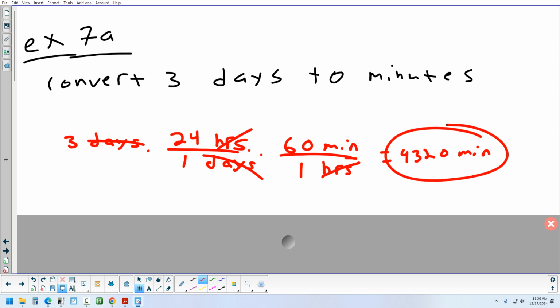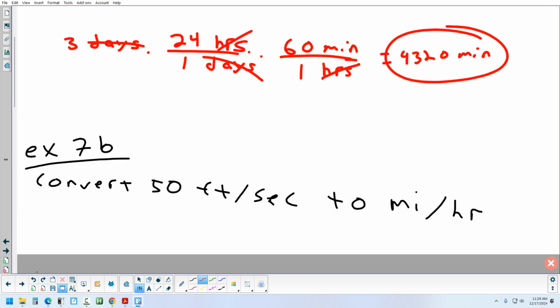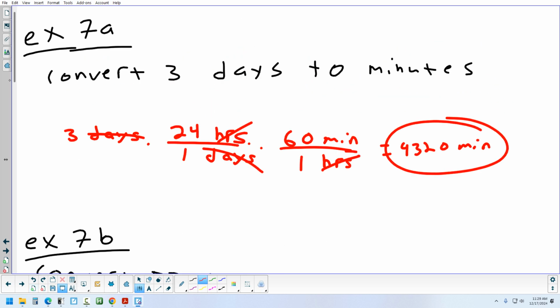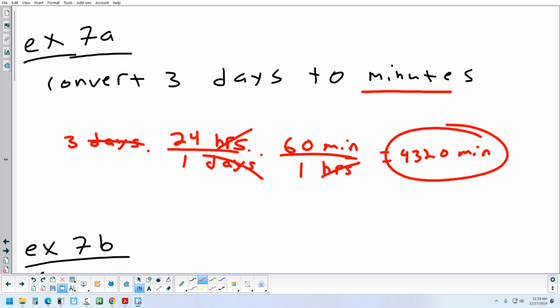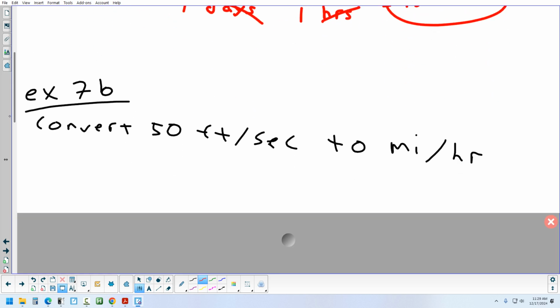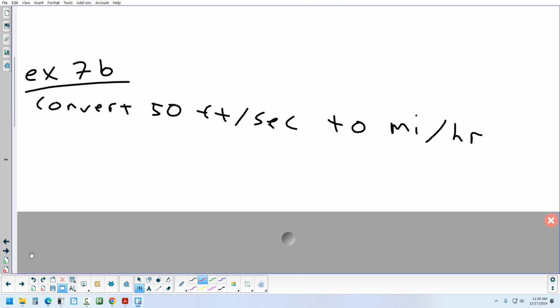All right. So now let's try a rate. So not only is there going to be a time component, this number is also going to have a distance component. What does that mean? Like if you read that, it's traveling 50 feet per second. Right, this object is moving 50 feet across the ground in every second.